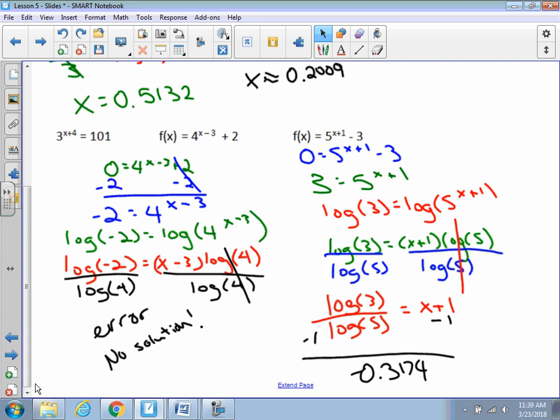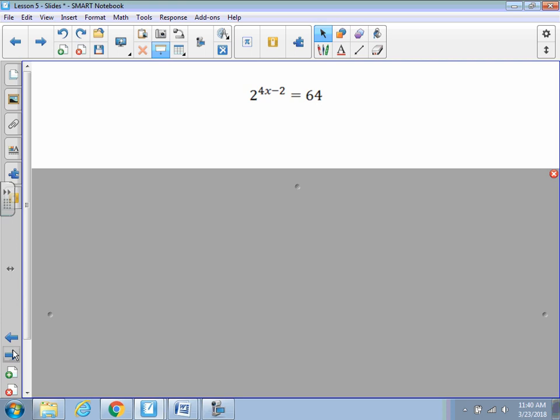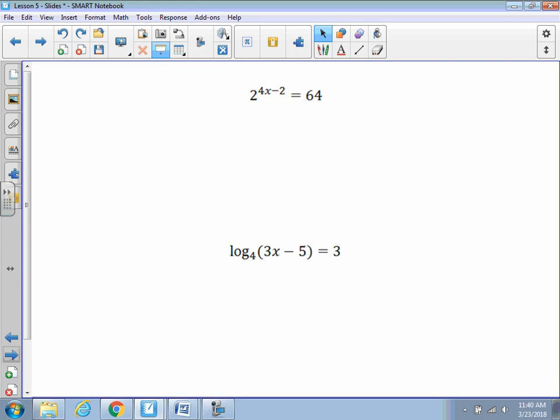So first set of problems is 2 to the 4x minus 2 equals 64. The second problem is log base 4 of 3x minus 5 equals 3. Next problem is 1/3 to the 12 minus 5x minus 7 equals 123.